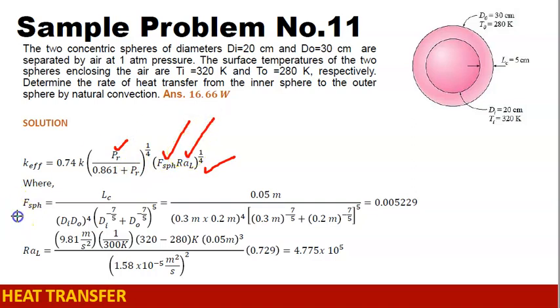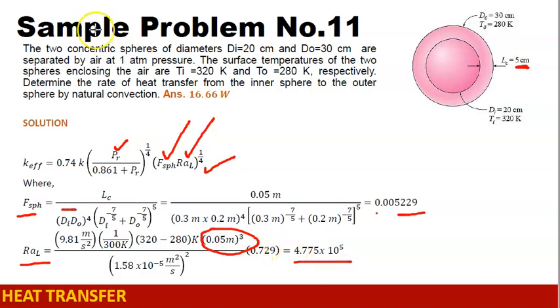For F sphere, this is our equation. The characteristic length is the gap, or the distance between the two concentric spheres, which is 5 cm. Substituting the inner and outer diameters, we can solve for F sphere. Then for the Rayleigh number, using the same characteristic length, we can also solve for the Rayleigh number.